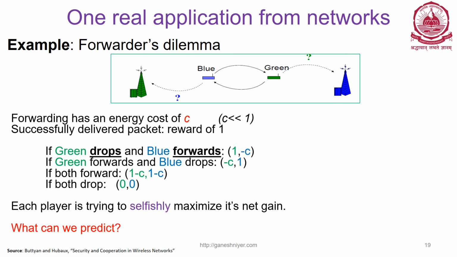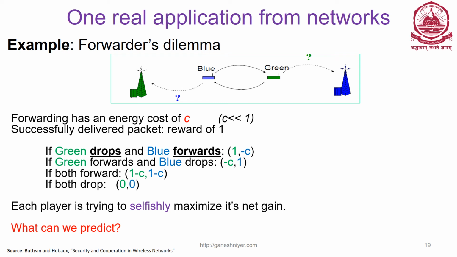Forwarding has an energy cost C, which is a very small value, and a successfully delivered packet has a gain. So if blue's packet gets delivered, blue gets 1. If green's packet gets delivered, green gets 1. If green drops and blue forwards, what will happen?